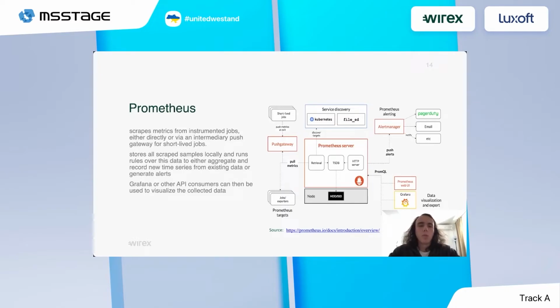Also, it can store all scraped samples locally and runs rules over this data to either aggregate and record new time series from existing data or generate alerts. Grafana or other API consumers can then be used to visualize the collected data. We use Prometheus a lot, and we use several Prometheus instances for different environments.